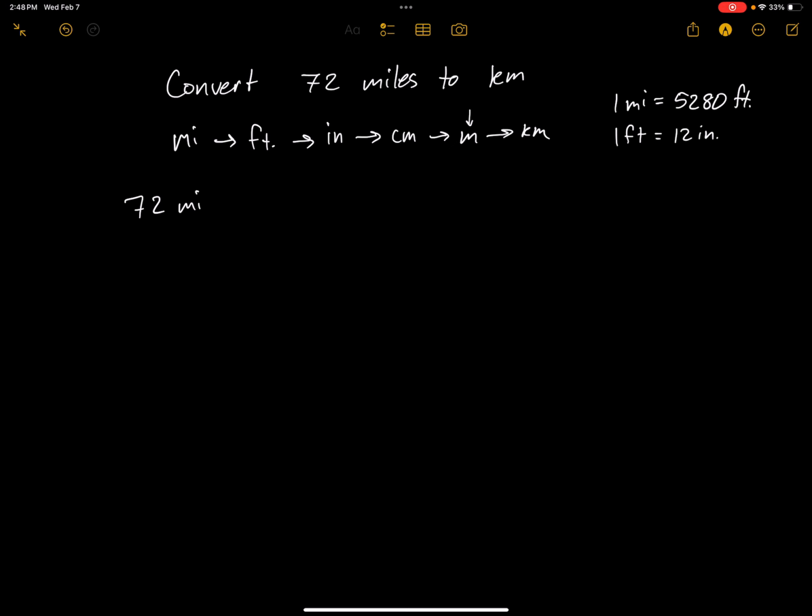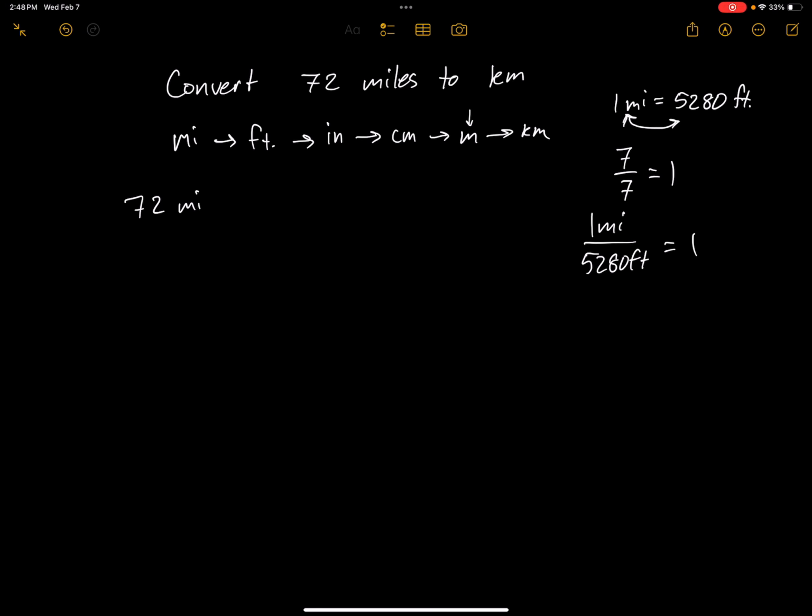When you have two things that are equal to each other, for example 7 divided by 7, that just equals 1. So with miles and feet, when you divide one by the other, you get 1 mile divided by 5,280 feet, which is just equal to 1.